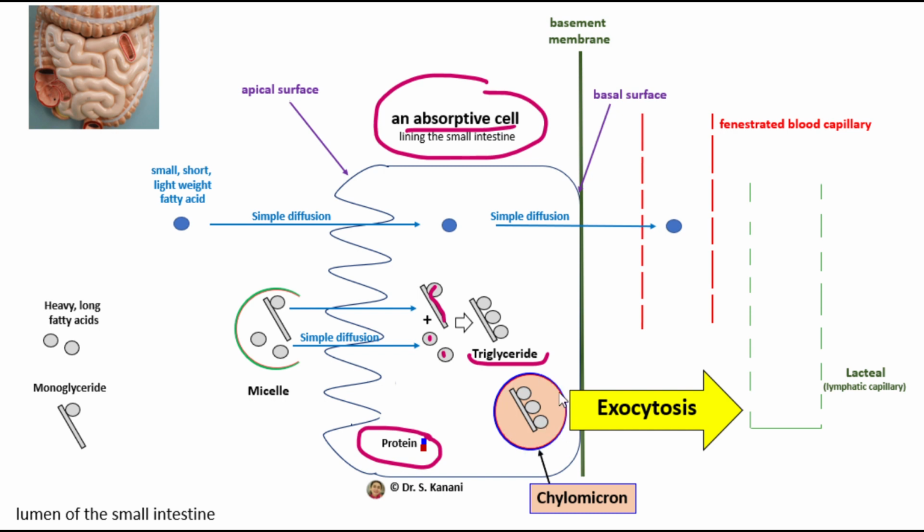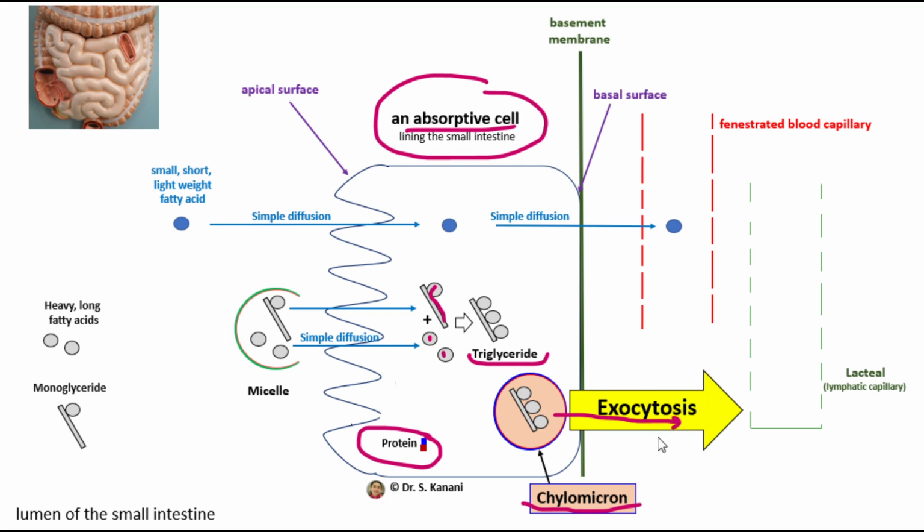We call this large compound that forms inside the absorptive cell a chylomicron. And then the absorptive cell uses its organelles such as endoplasmic reticulum to pack the chylomicrons inside some vesicles, and through exocytosis pass them through the basal surface.